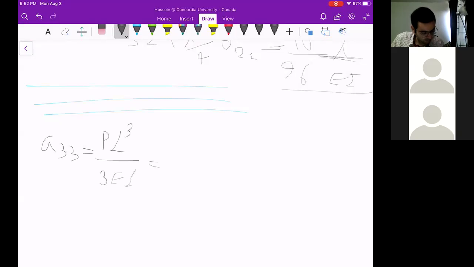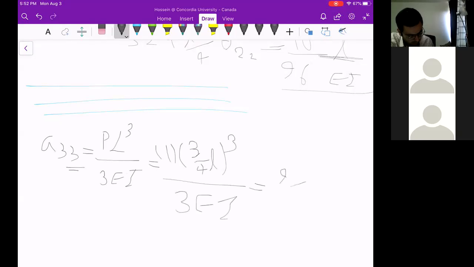P is unit. A33 can be translated as displacement at mass 3 due to unit force at 3. L for the third mass in this system is 3 over 4 L. It's 9 over 64.